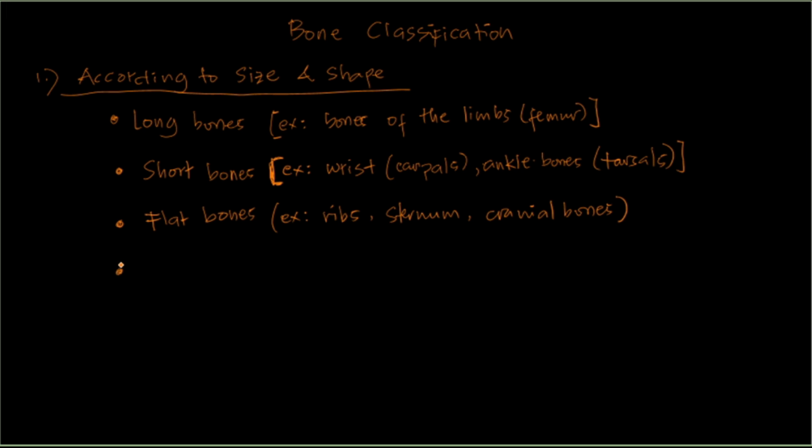Next, under your first category, we have your irregular bones. For example, your vertebrae and your hip bones like your pelvis. They vary in shape.